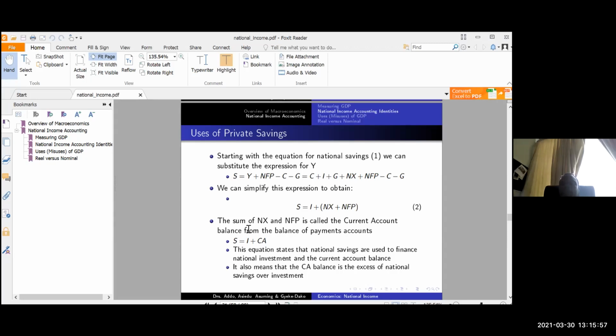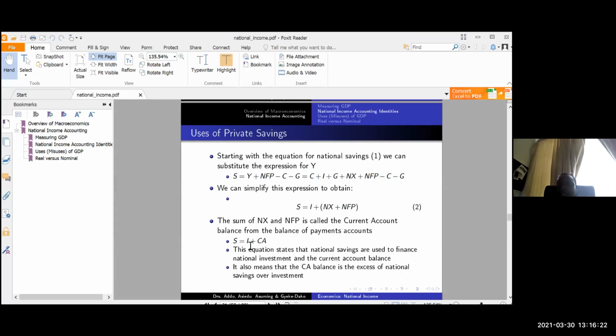Here we have the sum of net export and NFP referred to as the current account balance from the balance of payments account. So we can express the savings equation as savings equals investment plus current account.